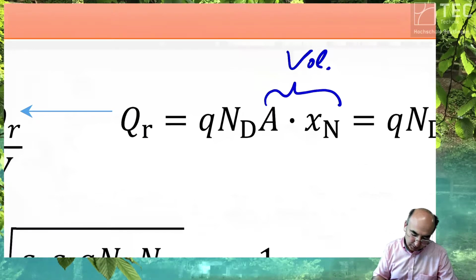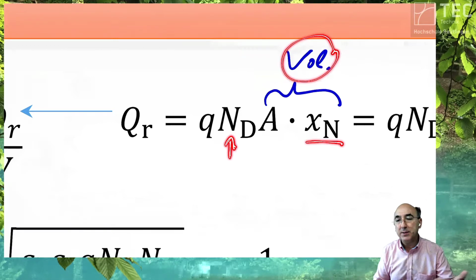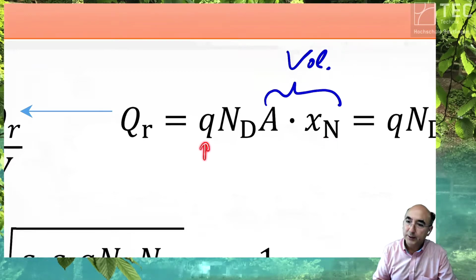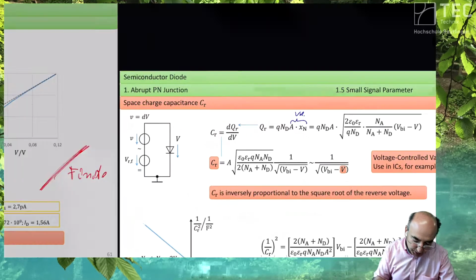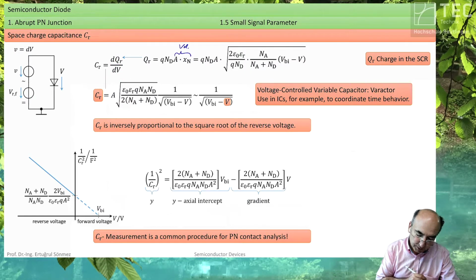Which particles? Your dopants. And your doping concentration is given in the space charge region. If you have the volume and the concentration, you have the absolute number of charges. Which charges? Electrons.